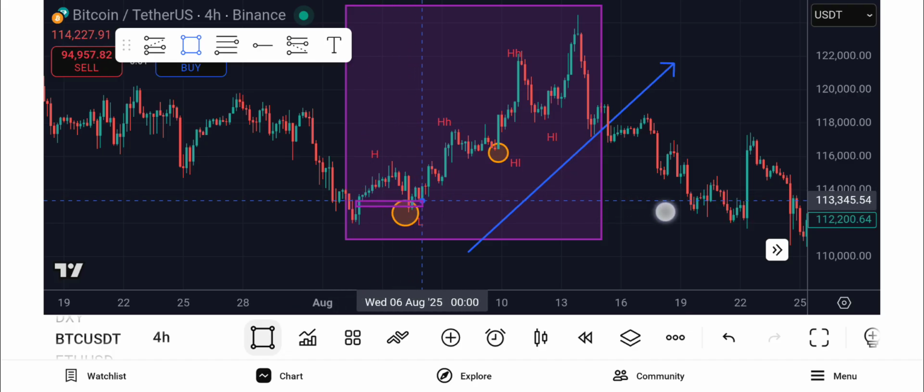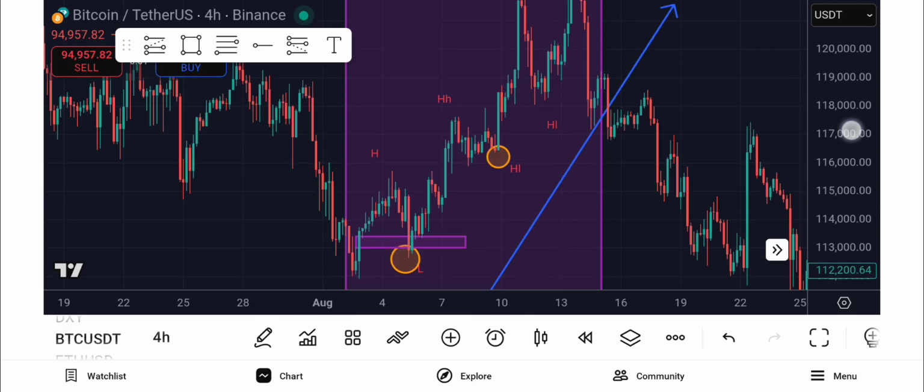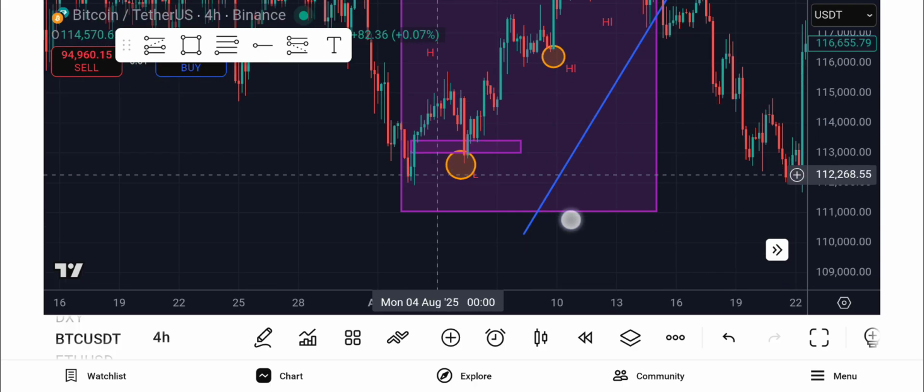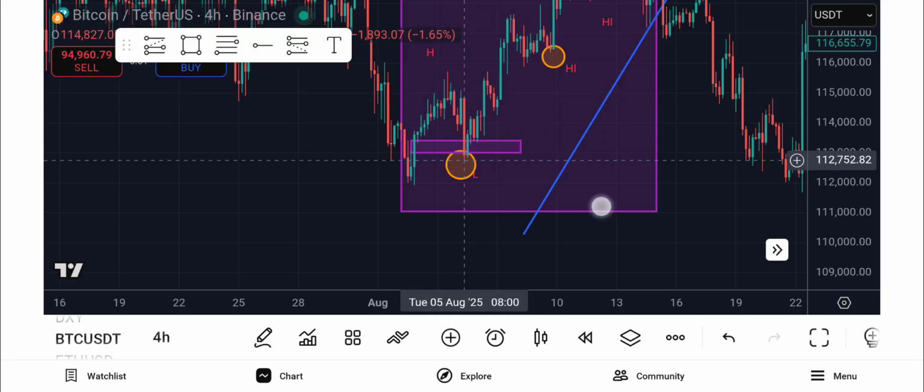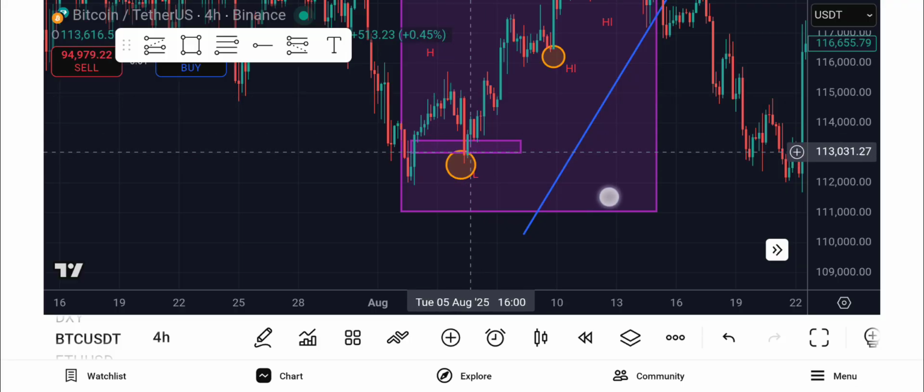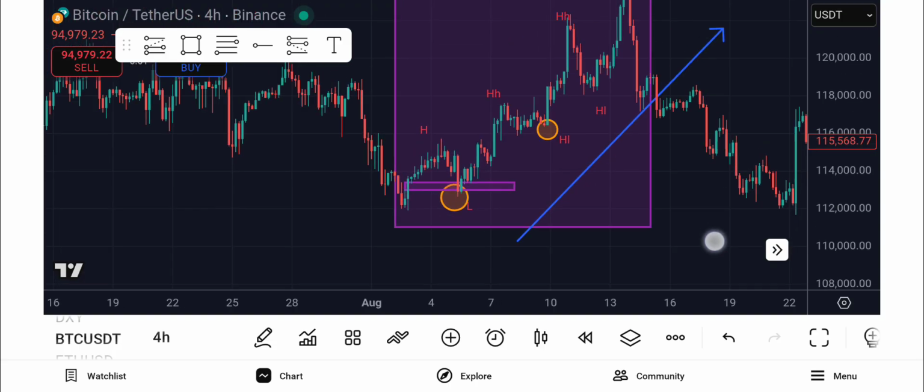Then you drag it out like this, and you wait for price to come back down here to form the low. Then you would have your entry here.